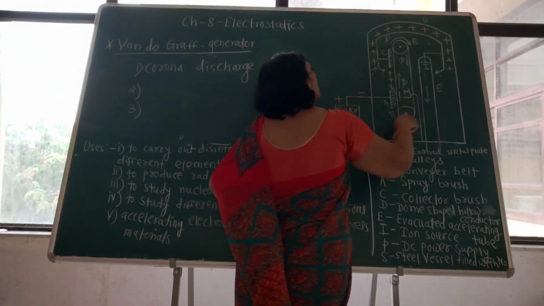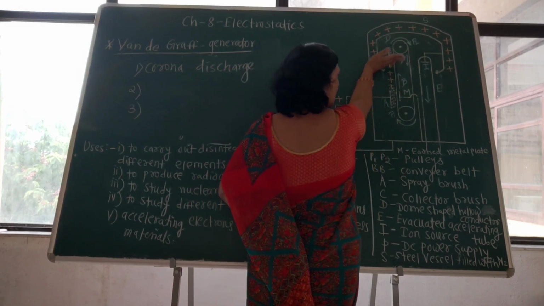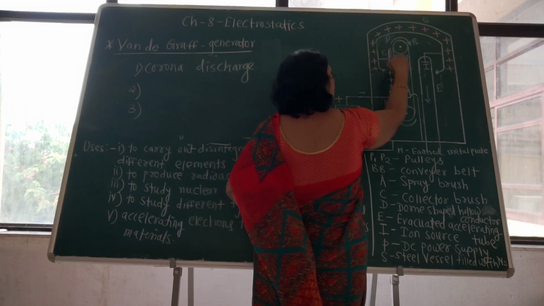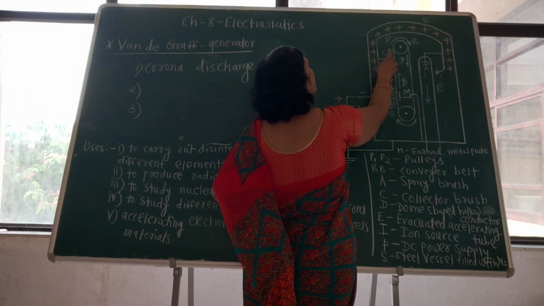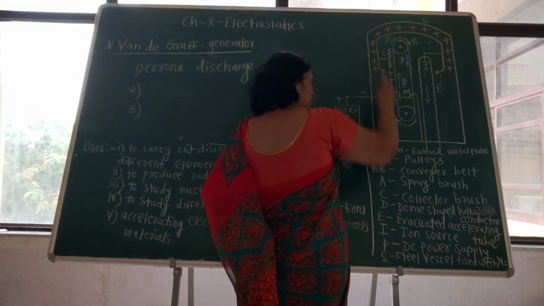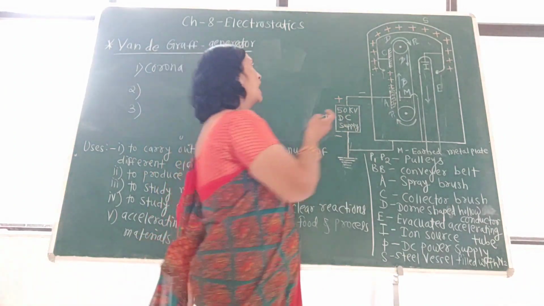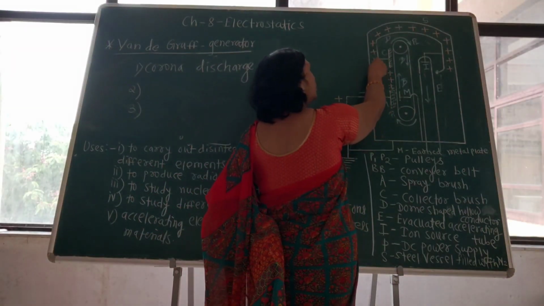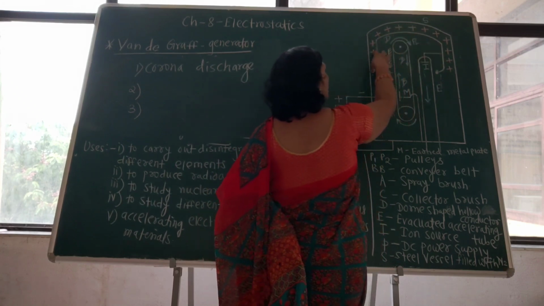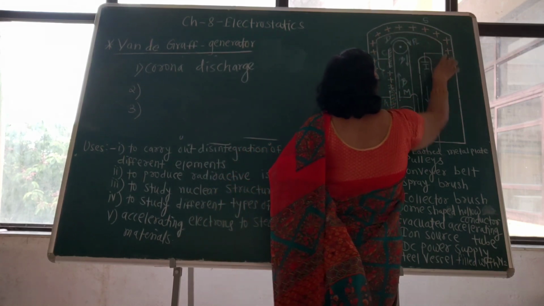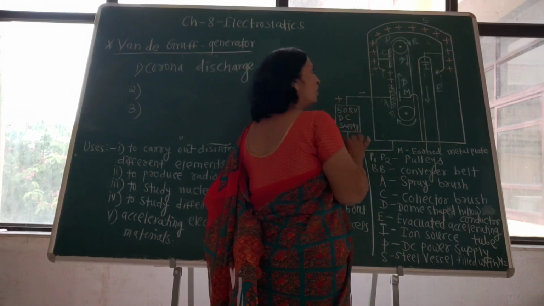The belt is continuously moving on the pulley, and therefore the charge is transferred in the upward direction, and collected with the help of brush C, called the collector brush. The collector brush collects the charges and transfers them to the dome, and they spread uniformly on this hollow conductor. Dome is nothing but a hollow conductor.